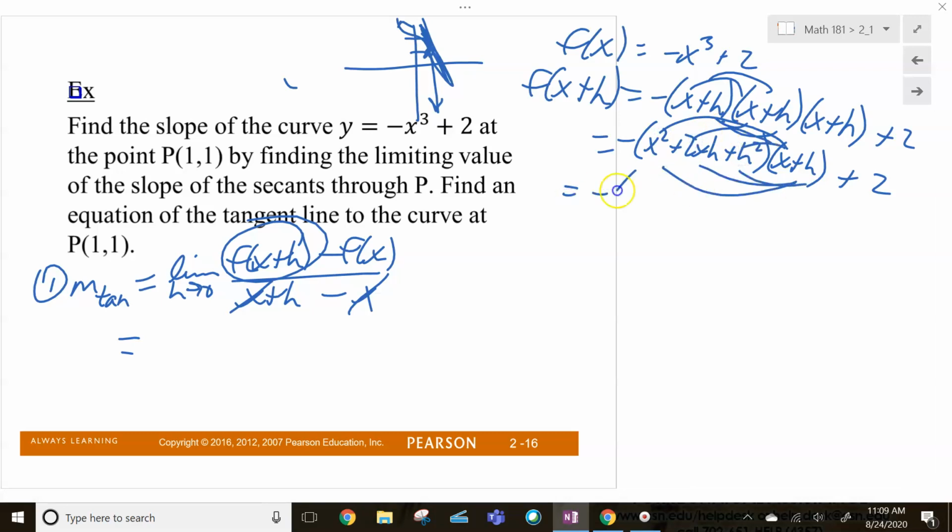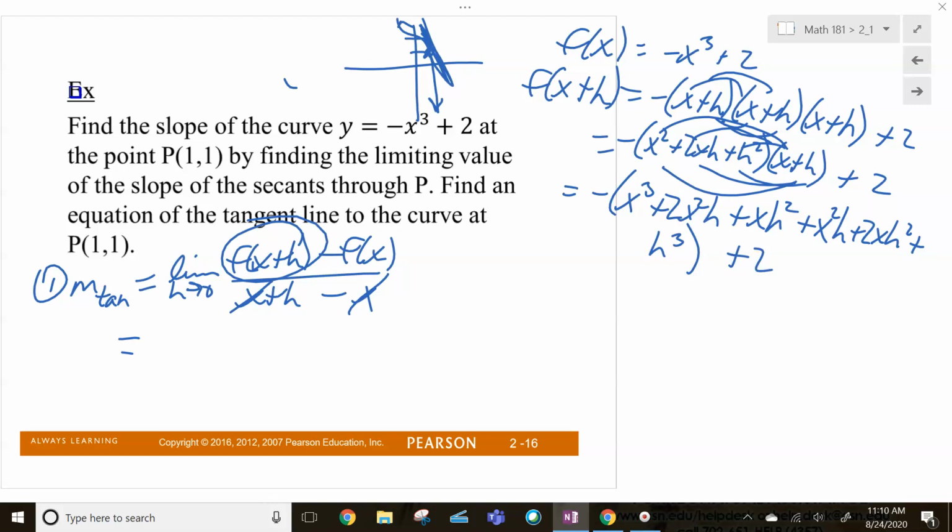So we got x cubed plus 2x squared h plus xh squared plus, now taking the h through, x squared h, 2xh squared plus h cubed, parentheses plus 2.